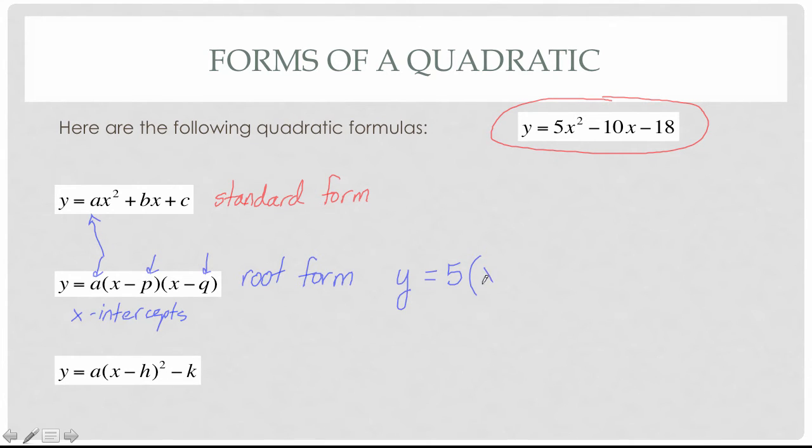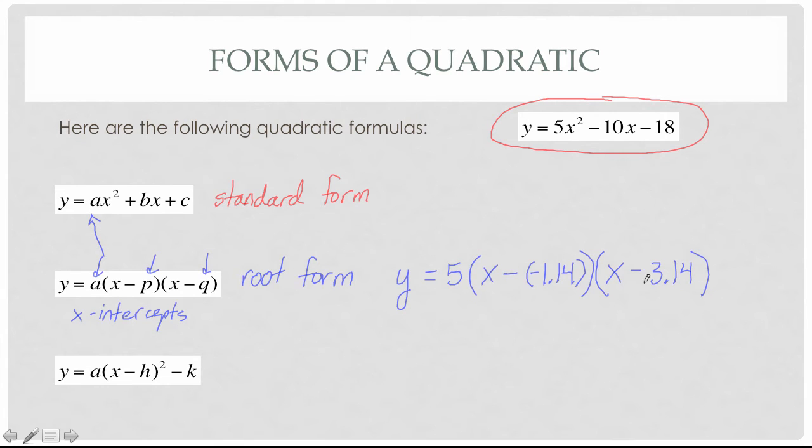So let's say x minus negative 1.14. That was one of our x-intercepts we found. It's better to put the exact value in predominantly, but I didn't write that down, so I'm stuck with just using the approximate value that we found. That's one root. The other root was x minus positive 3.14.